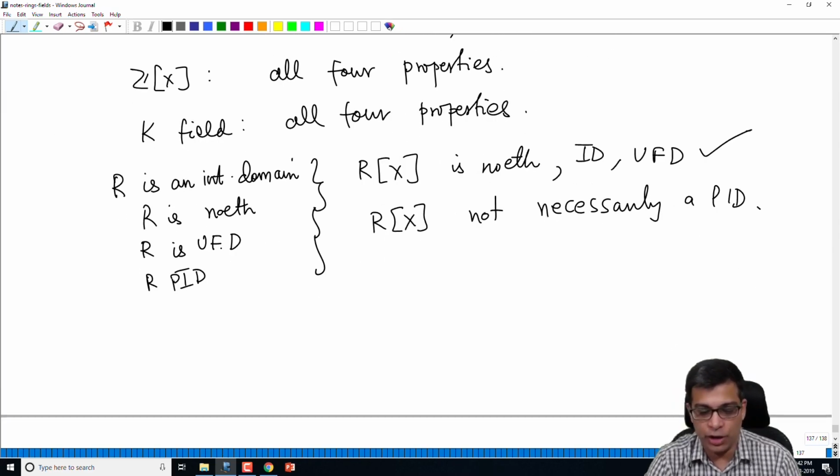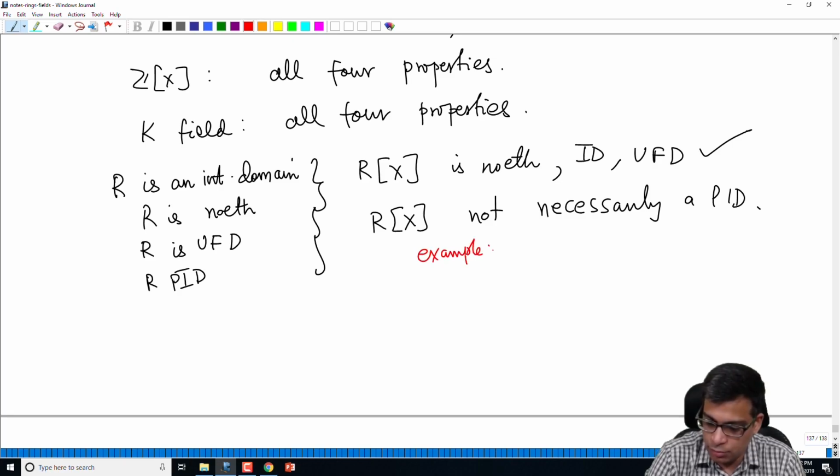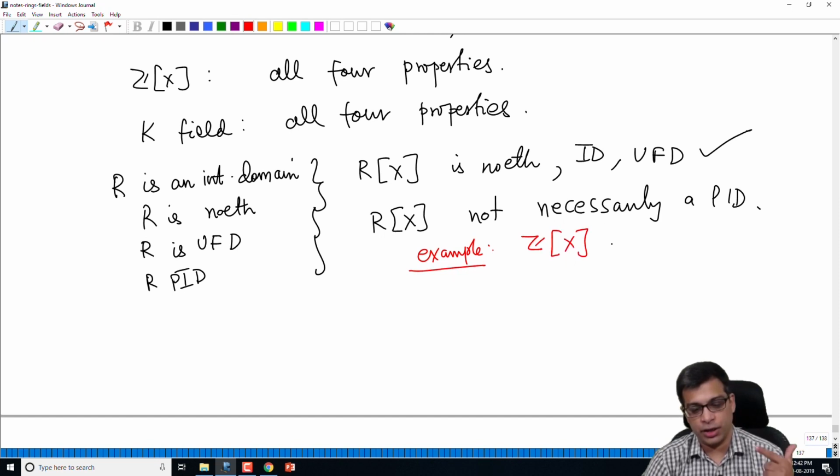Polynomial ring in one variable inherits three of those properties. It is Noetherian, integral domain, UFD, but not necessarily PID. What is the example? The simplest example is Z[x]. Z is Noetherian, integral domain, UFD, PID, but Z[x] is not a PID. So the property of being a PID is not inherited when you attach a variable.